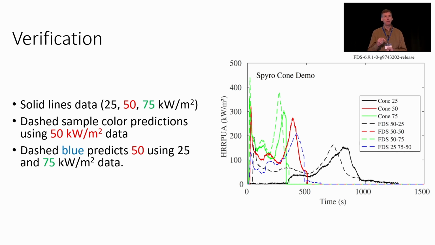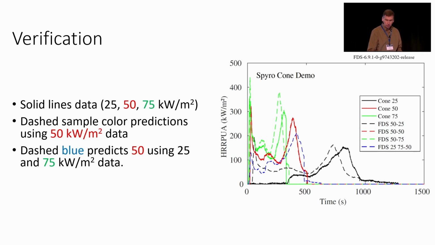How well can I predict the burning rates at 25 and 75? And that's what you see with the dashed blue and green lines. Okay? Now, of course, it's not perfect. So if you only have data at 50 kilowatts per meter squared, you can extrapolate to 25 and 75. The extrapolation is fairly good, but it's obviously not going to be perfect.